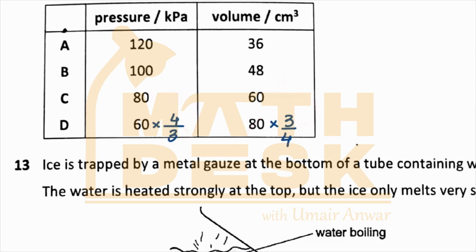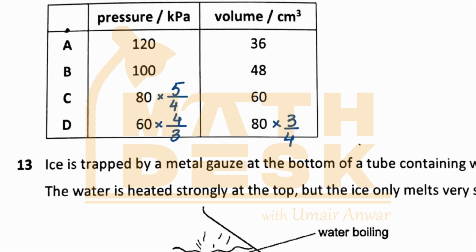Now when we try to convert 80 into 100, we need to divide it by 4 and then multiply it by 5 so that 80 converts into 100, which means that the other quantity should be multiplied by 4 upon 5 because it is inversely proportional to pressure.